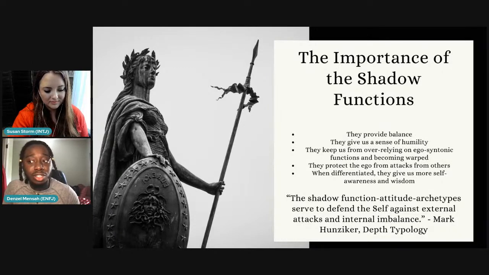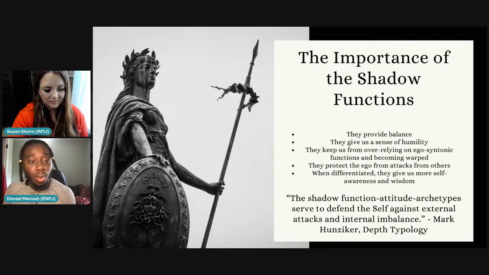This isn't to say that the shadow defines who you are, but it's important for you to understand what your shadow is telling you, and also not really hide from it. Because when you bring the shadow into the light, then you're able to identify with it, and then you're able to say, okay, this is something that is within me.